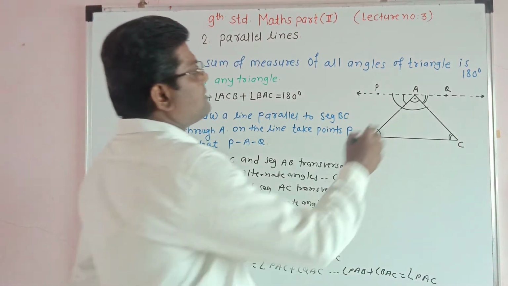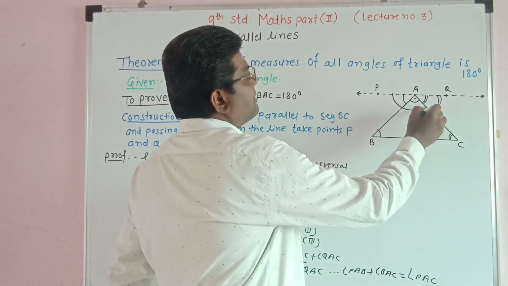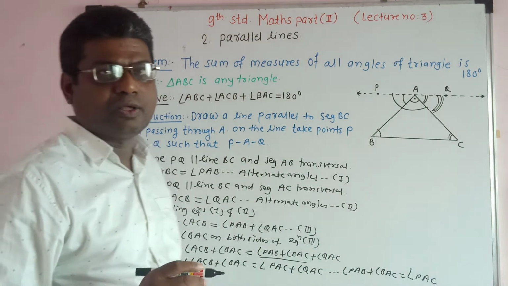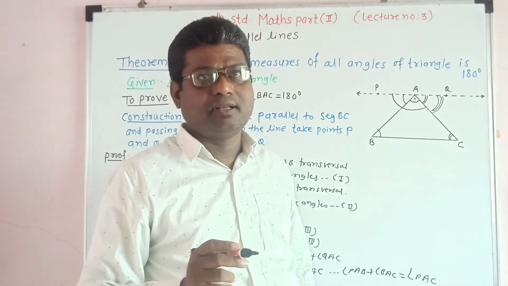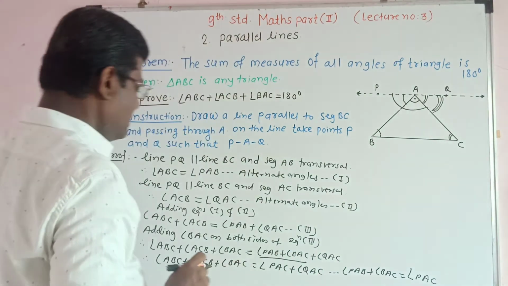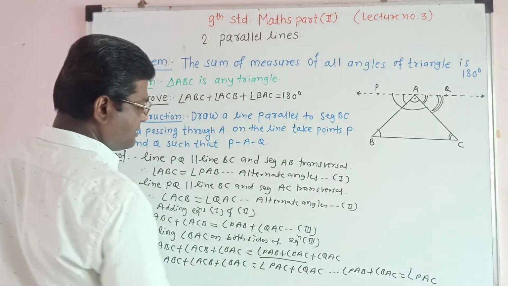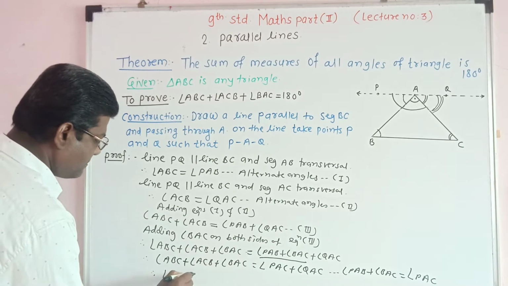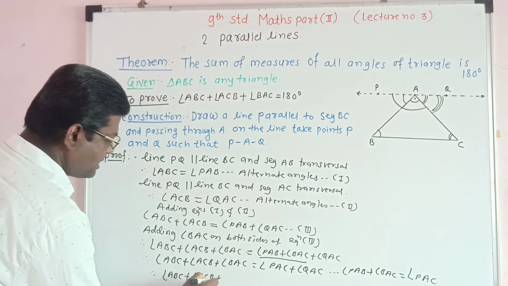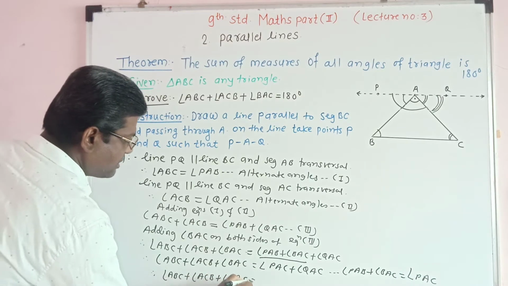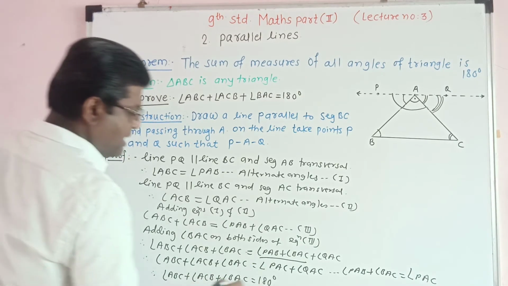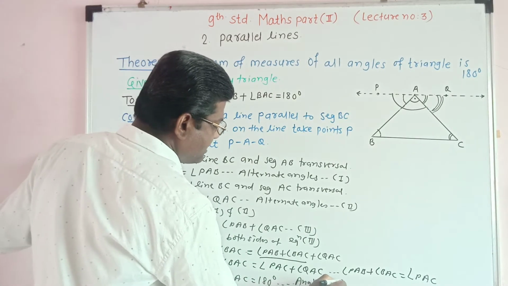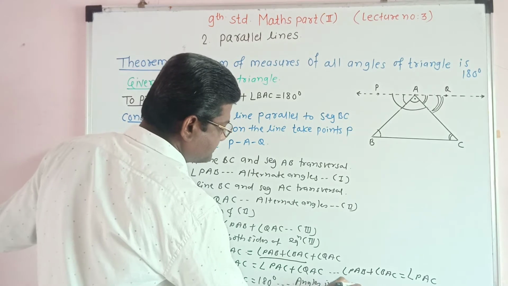Now these two angles, this angle and this angle, are angles in linear pair. We know that the sum of angles in linear pair is 180 degrees. Therefore the sum of these two angles is 180 degrees. Therefore we have angle ABC plus angle ACB plus angle BAC is equal to 180 degrees, and the reason is angles in linear pair.